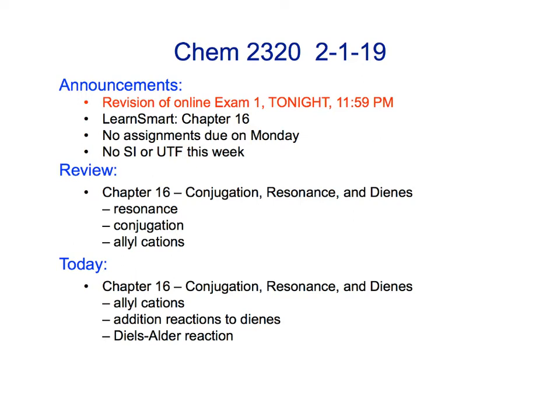Okay, let's quiet down, please. We started yesterday in chapter 16, talking about resonance and conjugation. Today we're going to look a little bit more at some specific resonance situations, and then we're going to look at some reactions that involve resonance and dienes.